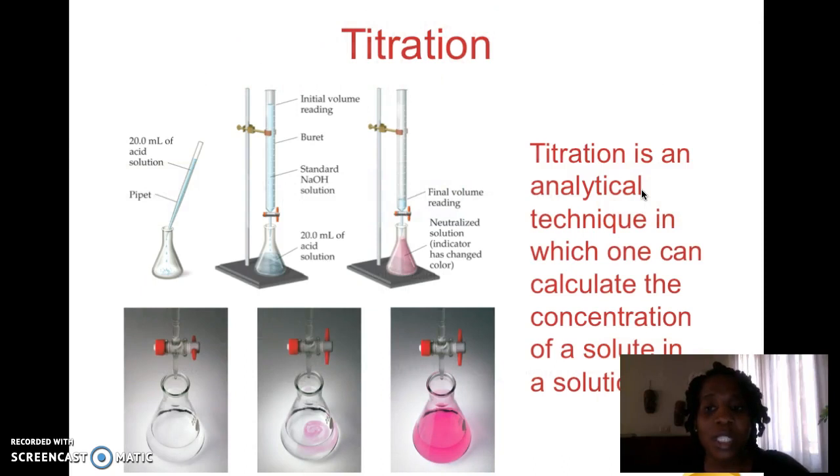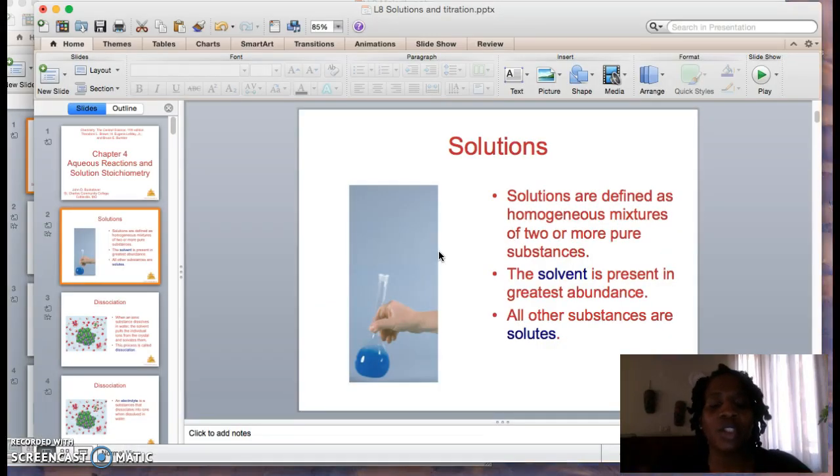Titration is a very important analytical technique where we can calculate the concentration of an unknown solution by reacting that solution with another solution of known concentration. At the end, we need to have some way of knowing the endpoint, and that is called an indicator. We have many different indicators that we can use in chemistry, so we'll talk about those, but you will be doing this quite a bit, so I hope this helps.